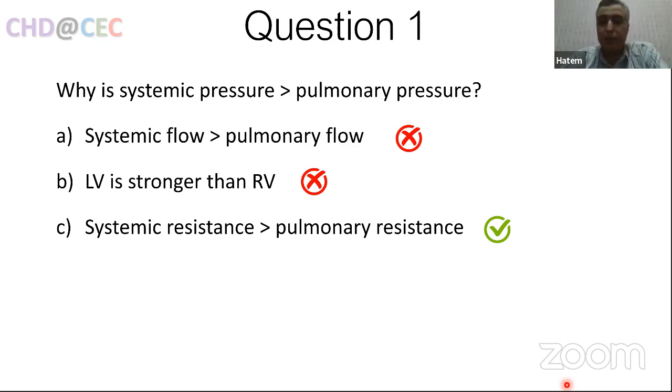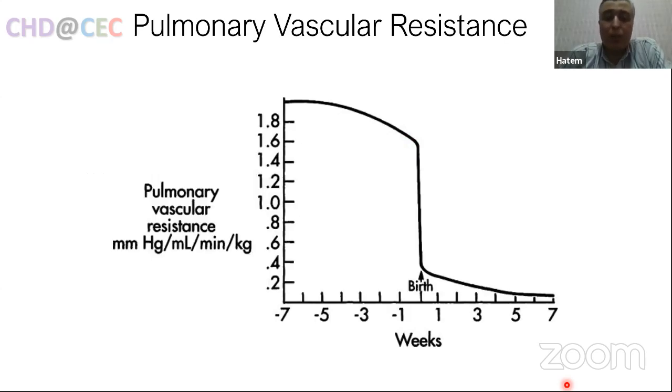Thank you, Khalid. So moving on, we've just agreed that pulmonary vascular resistance is so much lower than the systemic vascular resistance. But this is something that occurs after birth. During the fetal life, pulmonary vascular resistance is actually quite high, for different reasons.